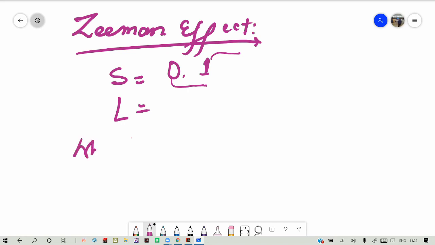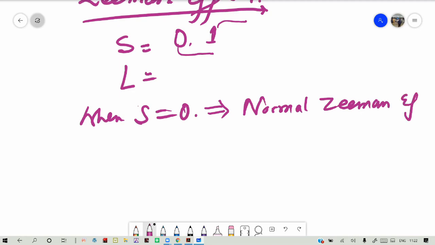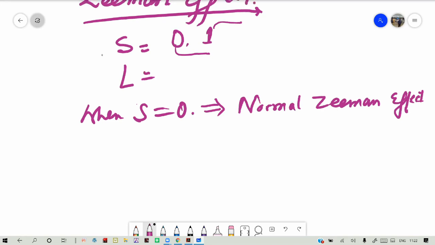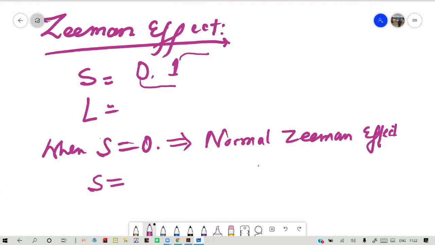When S is equal to 0, this is called the normal Zeeman effect. And when S is not equal to 0, it gives us the anomalous Zeeman effect.